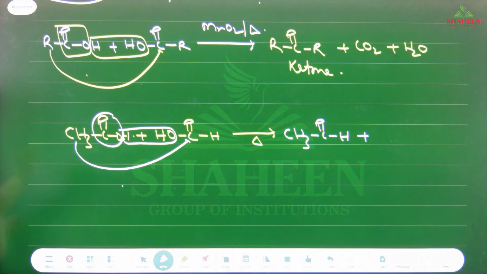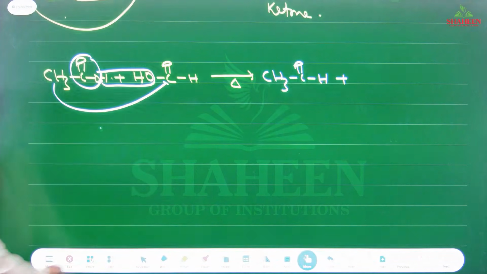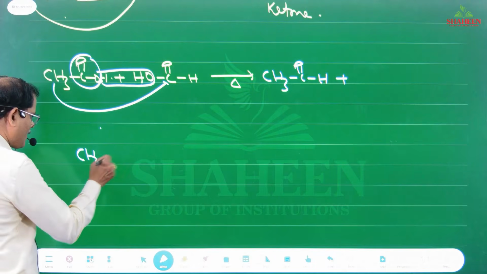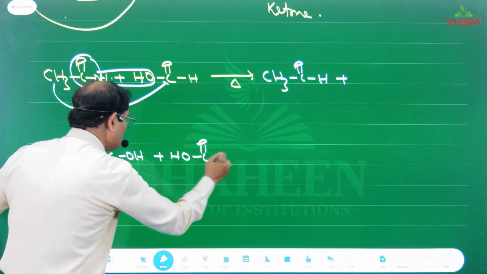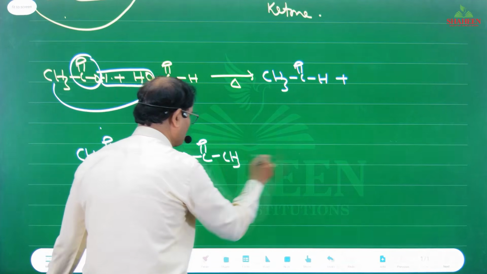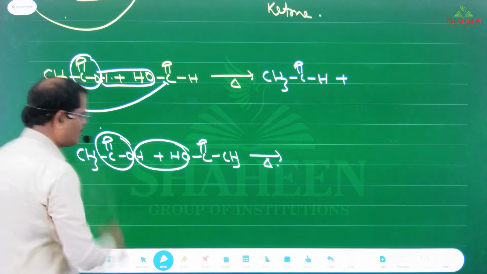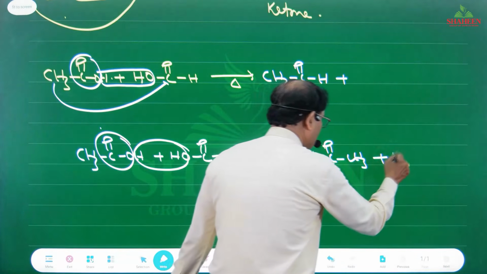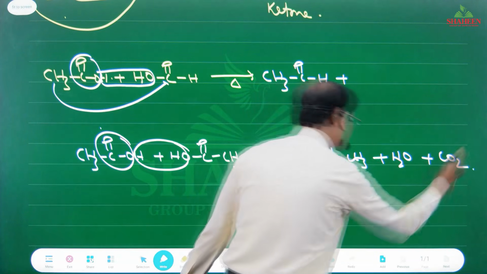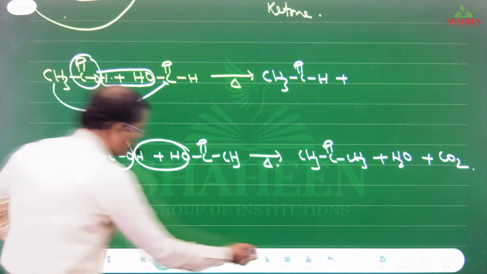Or if only acetic acid is taken, CH3COOH plus HOCOCH3, on heating, from here carbon dioxide, from here water. So we have CH3COCH3 plus H2O plus carbon dioxide. In this way, we can get carbonyl compounds from carboxylic acids by dry distillation.